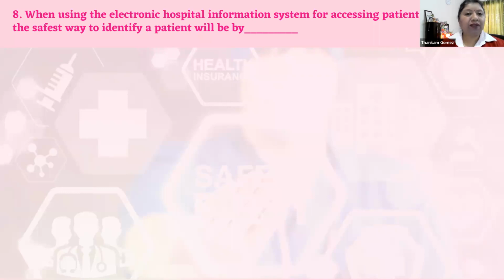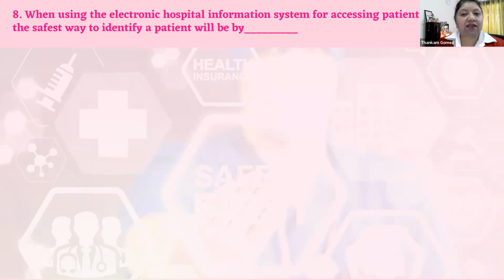That means there are two patients who sound alike and who could also be spell-alike. Like Kiranjeet. Kiranjeet can be spelled with an I or with a double E. Thankam can be spelled with a K and with a G, but we do the same pronunciation. So a lot of errors can happen.